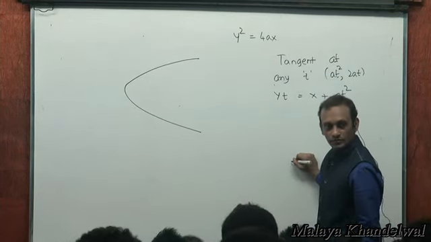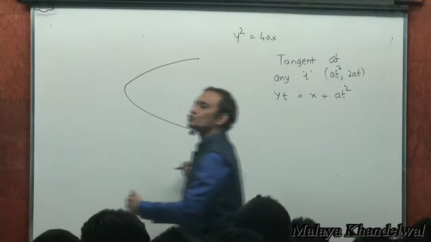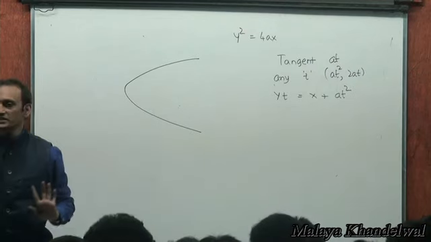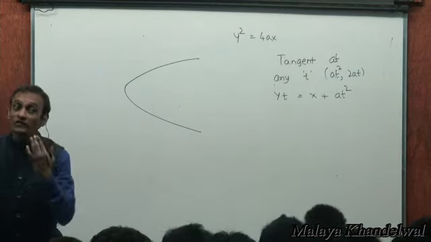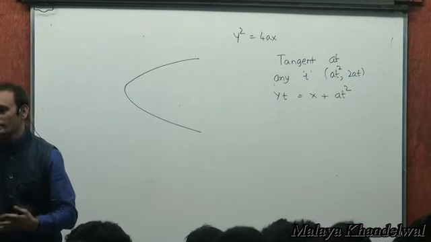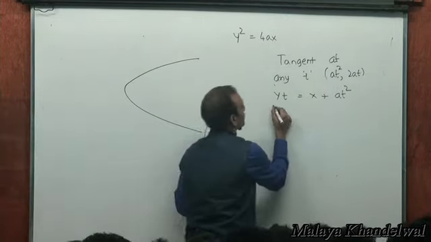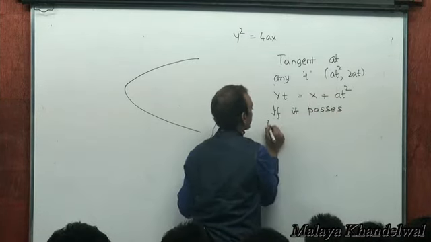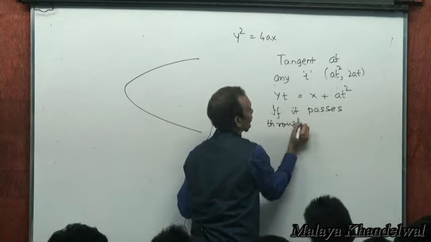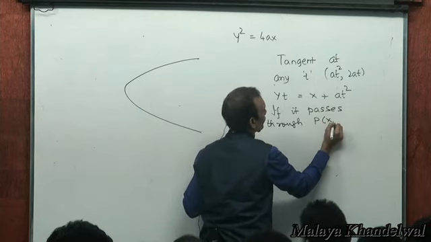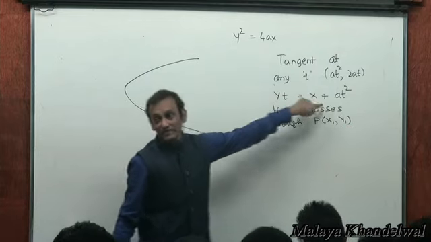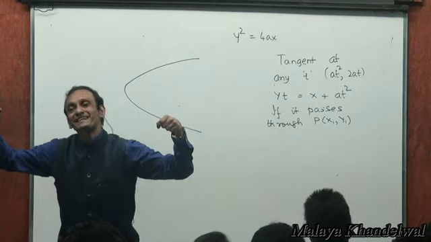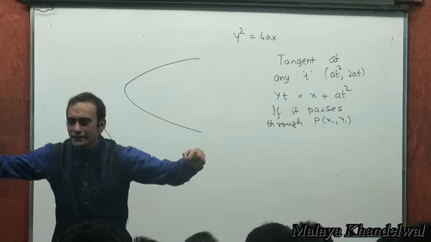I told you this, right? y y1 is 2a into x plus x1; replace y1 by 2at and x1 by at squared, you get the equation of the tangent at any t of the parabola. Now, if this tangent passes through x1, y1, then x1, y1 will satisfy this equation. x1, y1 is a point on the tangent drawn at t.